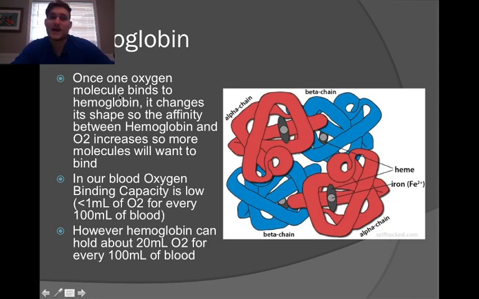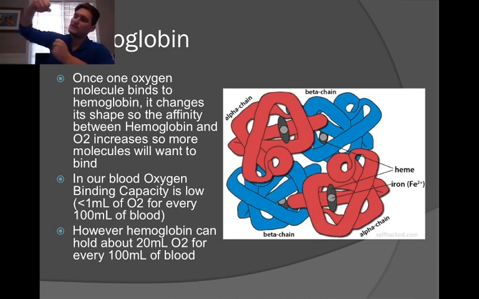And so once the oxygen molecule binds to the hemoglobin, it's going to change the shape and change the affinity that hemoglobin has towards oxygen. And this is a pretty high level of detail. It's not necessary to know this, but that iron is going to be surrounded by amino acids called histidines.